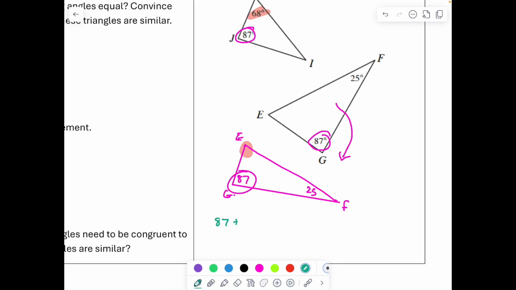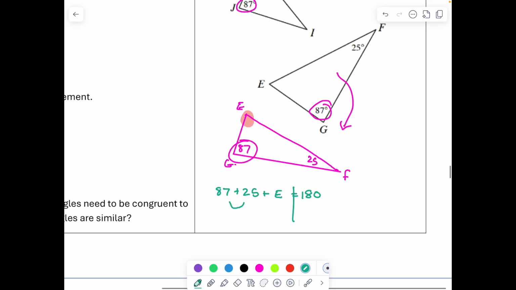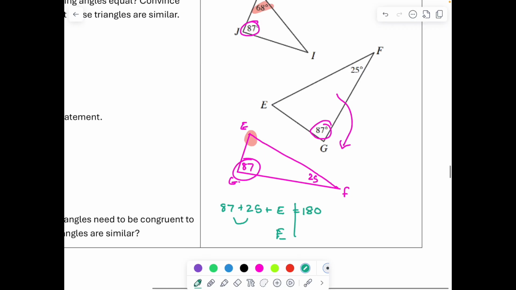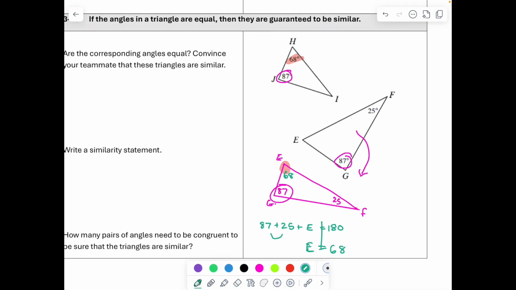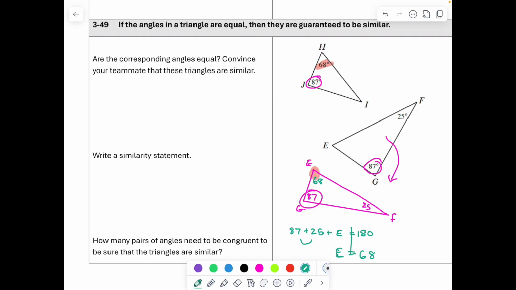So we should check 87 plus 25 plus, let's say, angle E. All those should add up to 180. And if we add up these two and subtract from both sides, we would get that E equals 68, which is the same as angle H. So yes, all of these angles are equal, which means the triangles are similar.